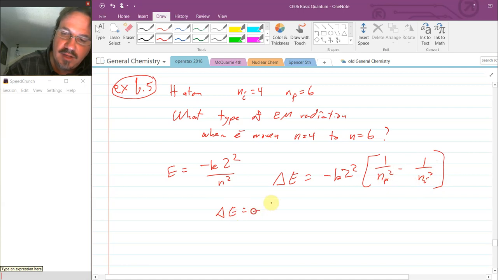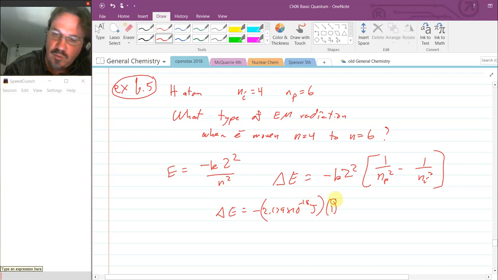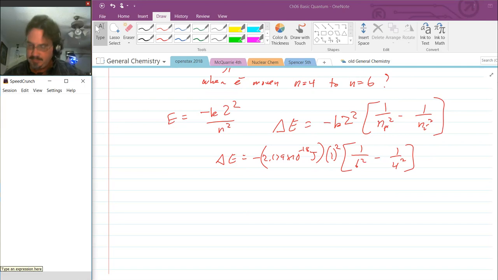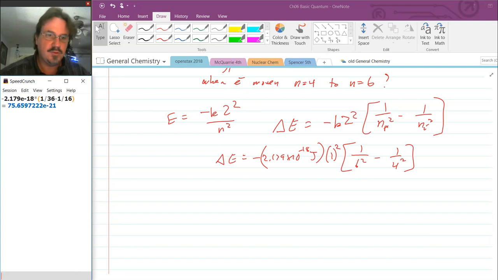Delta E is equal to negative 2.179 times 10 to the minus 18. That's k. Z squared is just 1s. And then we have 1 over 6 squared minus 1 over 4 squared. All right, so let's go ahead and plug that in on the calculator. Negative 2.179 e minus 18 times, in parentheses, 1 over 6 squared, that's 1 over 36, minus 1 over 4 squared, that's 1 over 16, equals.